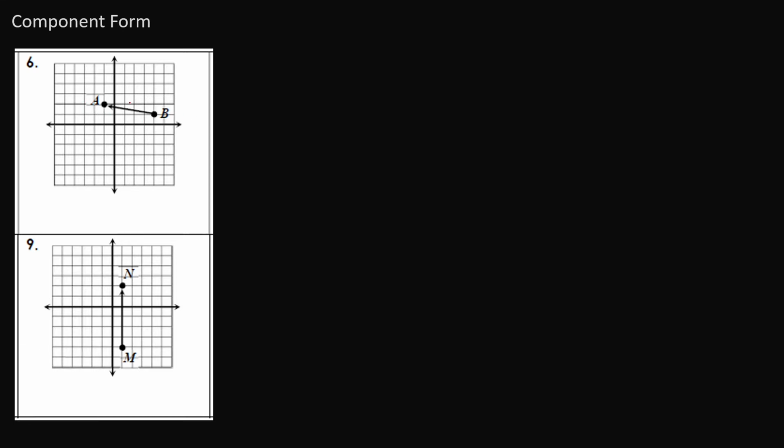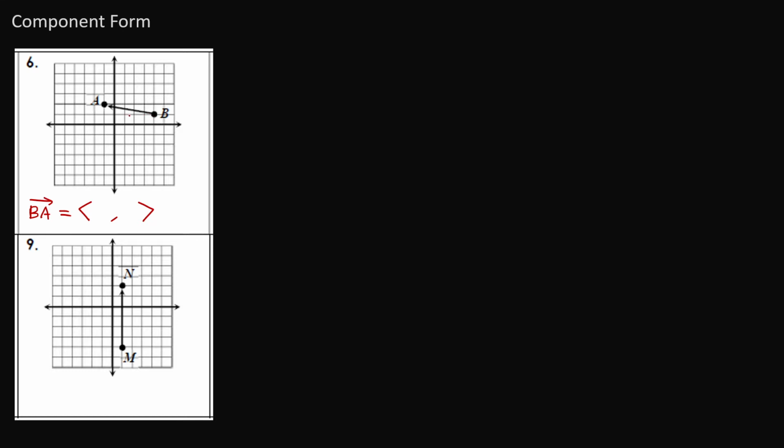So here we have points A and B, and it looks like the arrow in problem 6 is pointing towards A. It's going from B to A. So I know right away this is vector BA with the arrow over the top. And if I write my component form, I need to count how many I'm moving horizontally first.